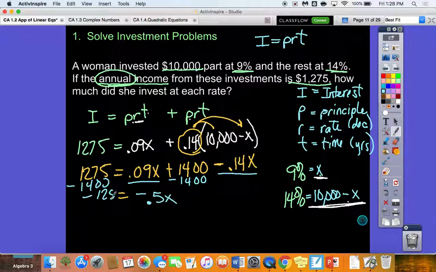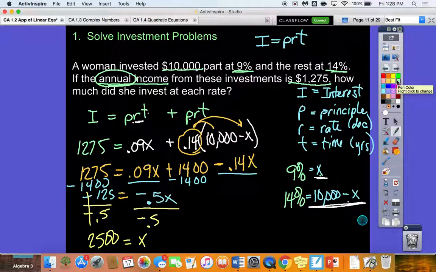So at this point, your grand finale on the equation part is to divide by the coefficient of x. So I need to divide 125 because the negatives cancel. 125 divided by 0.05. How many nickels are in $125? That would be 2,500. So you found one of them.